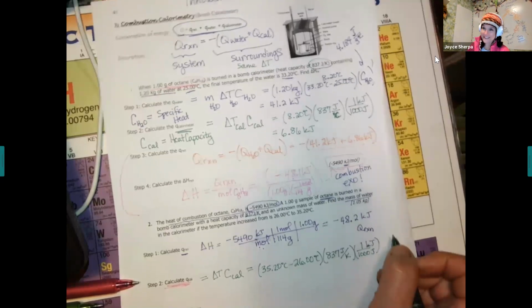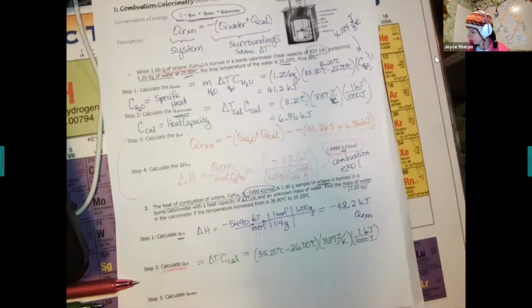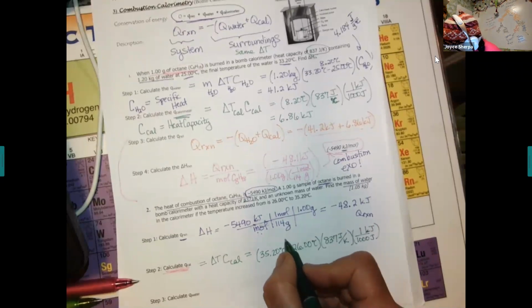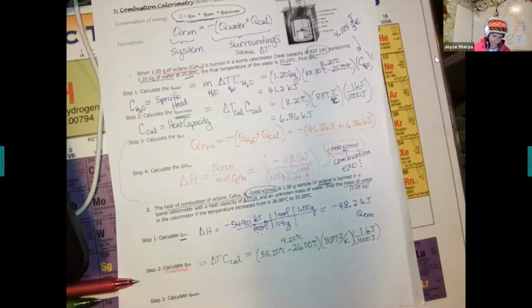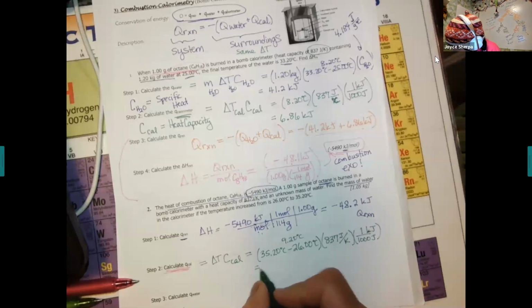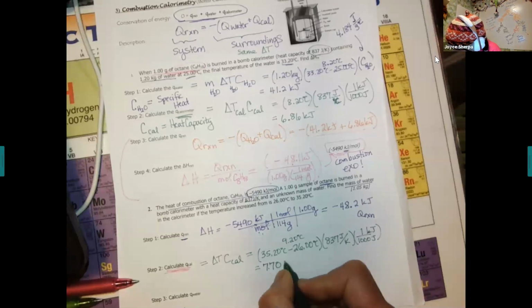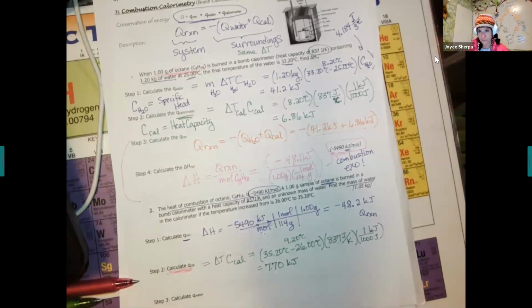You want all of them to be the same unit. I think it's easier to work in kilojoules, having watched people with lots of zeros for years get lost in the zeros. And this is what, 9.2? So 7.7 kilojoules.